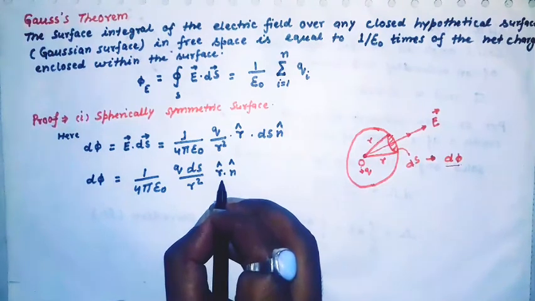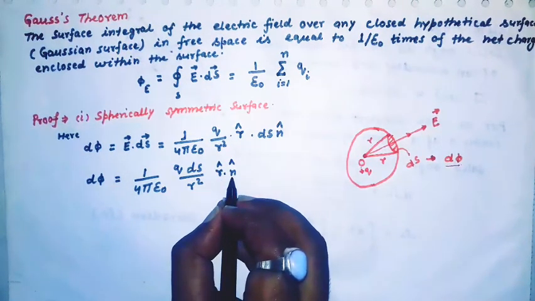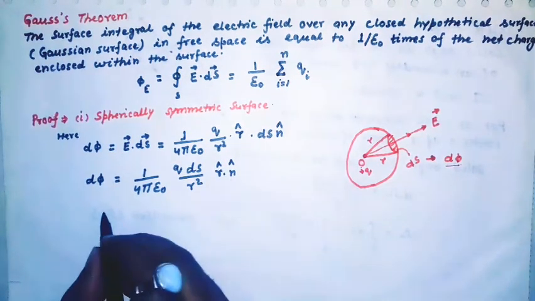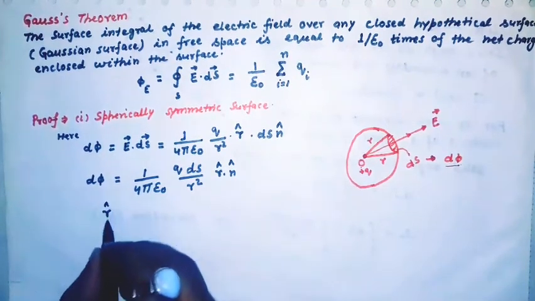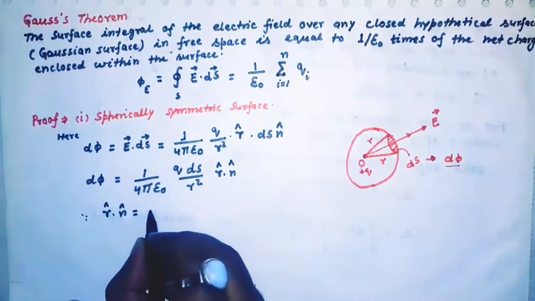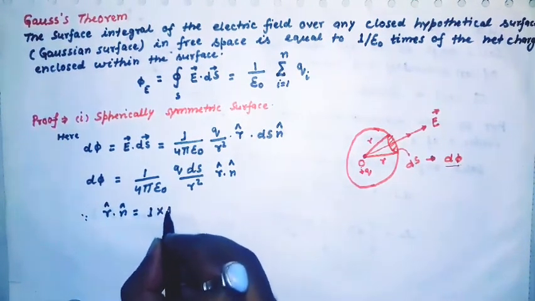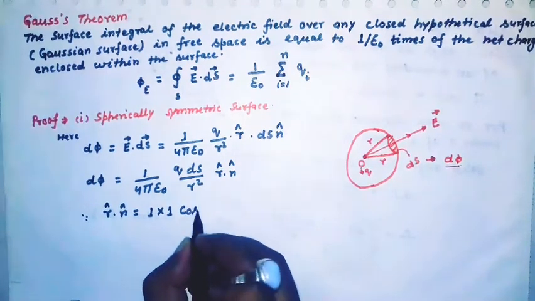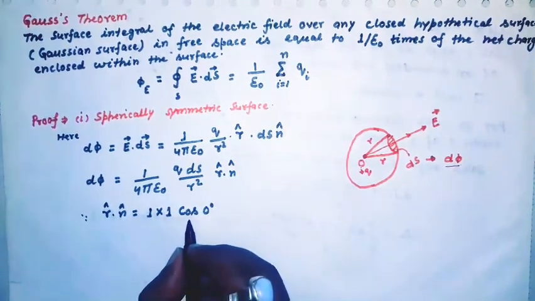Here the dot product of unit vectors r and n will be equal to their magnitudes into the cos of the angle between them.